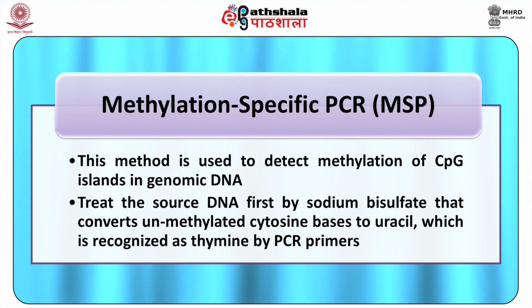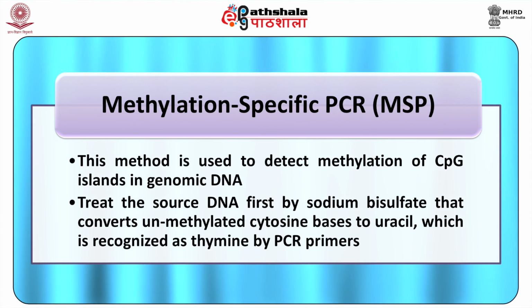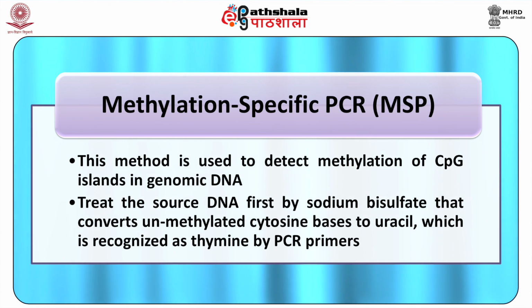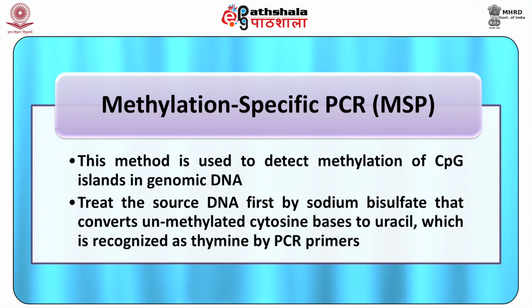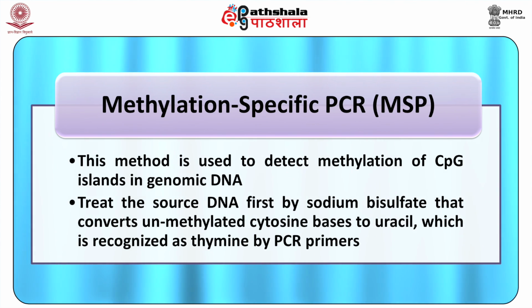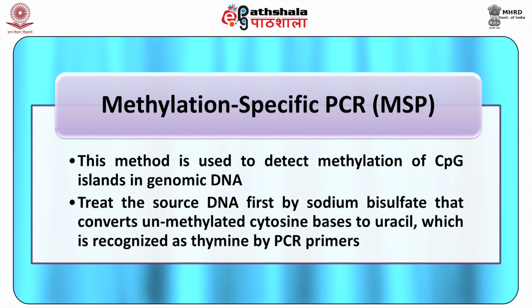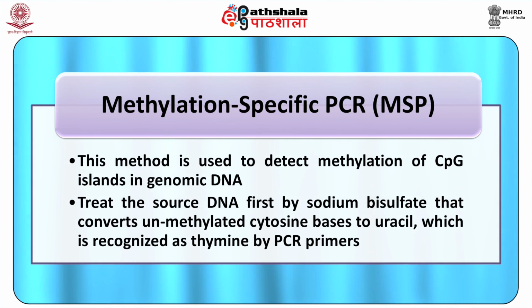Methylation specific PCR, referred to as MSP. This method is used to detect methylation of CpG islands in the genomic DNA. Treat the source DNA first with sodium bisulfite that converts unmethylated cytosine bases to uracil, which is recognized as thymine by the PCR primers.